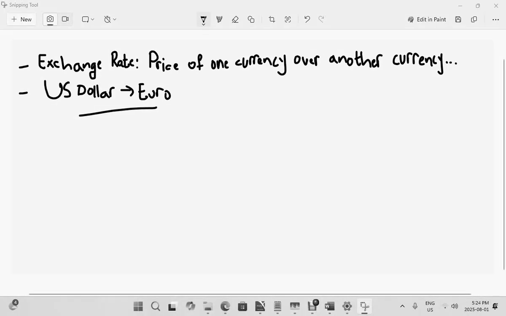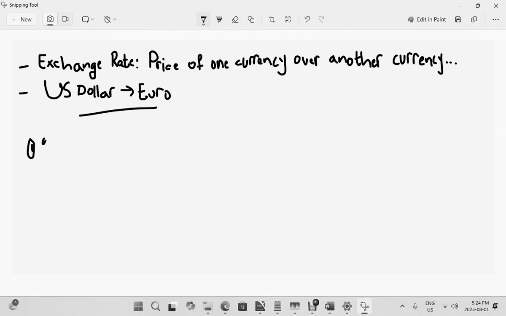you've got four kinds of players who play in the market. Number one has to do with international importers and exporters of goods. We're talking about international trade.